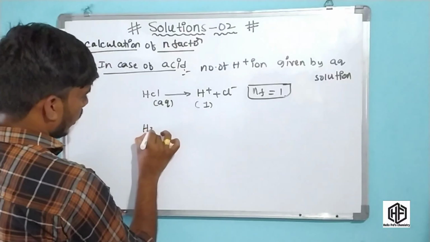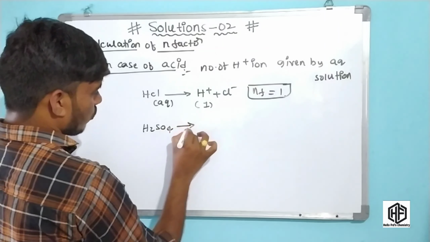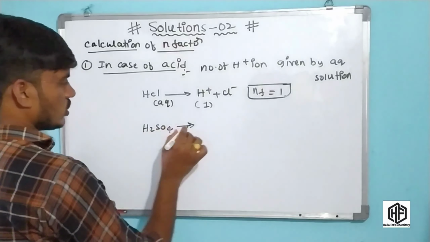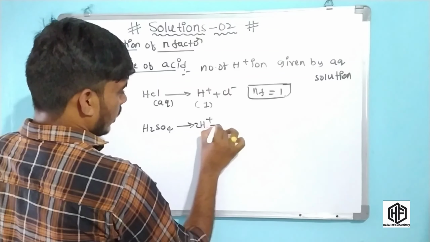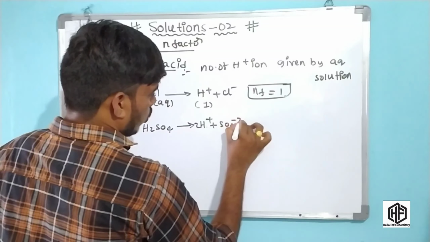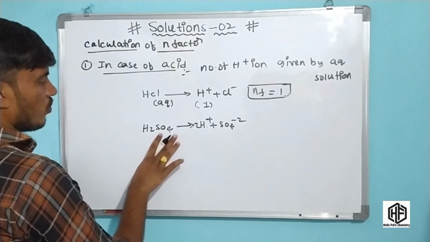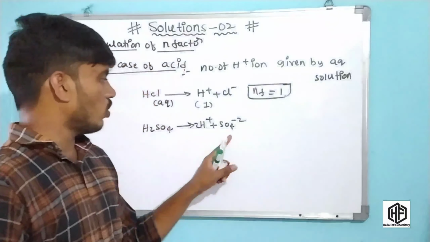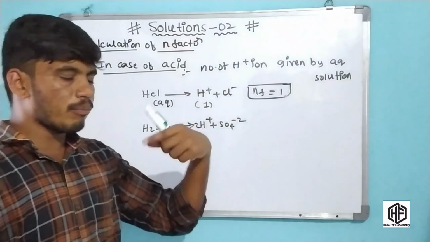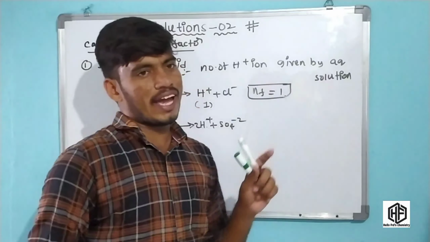For example, H2SO4. H2SO4 is a strong acid and dissociates into 2H plus plus SO4 2 minus in aqueous solution. Now what is the N factor? The number of H plus ions given by aqueous solution.